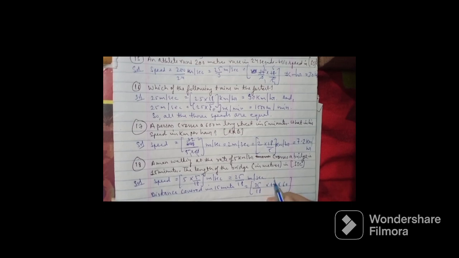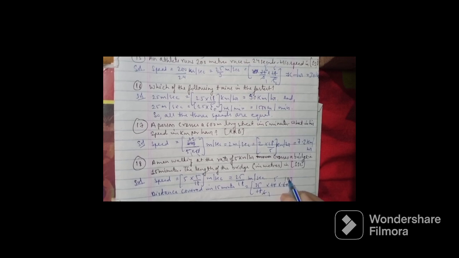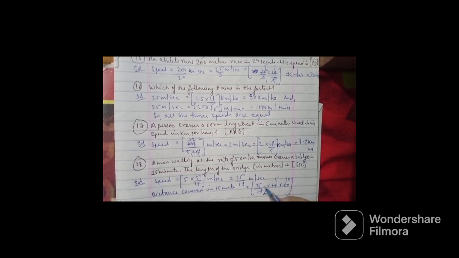So 3 5s are 15 and 3 6s are 18. 6 ones are 6, 6 tens are 60. 25 into 5 into 10. It will be 1250 meters. That will be the right answer for this question.